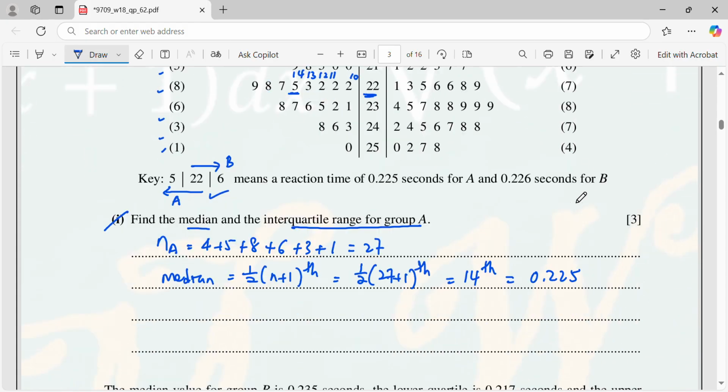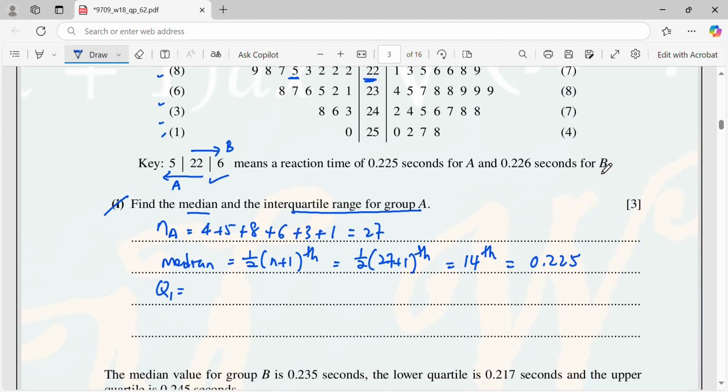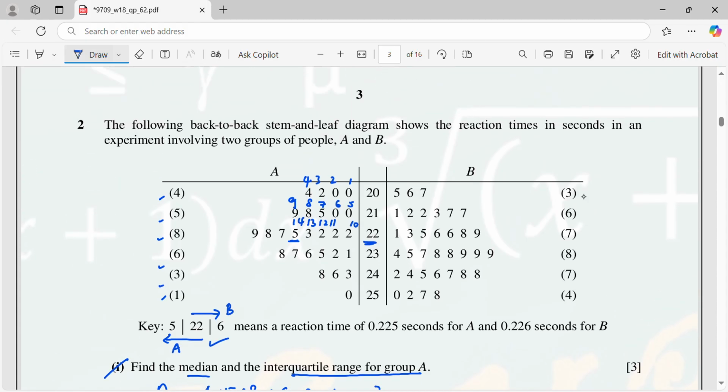Now for the interquartile range, we need to get the Q1 and Q3. So the Q1, since the median is 14, therefore you can just use the division method. So here I have 14, that means I have 13 data in the first half.